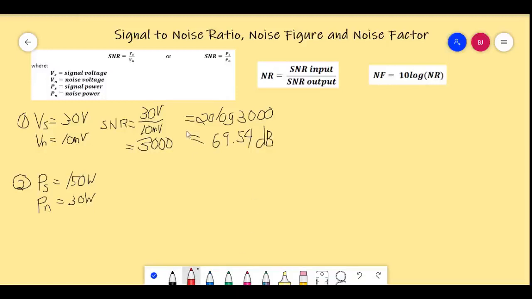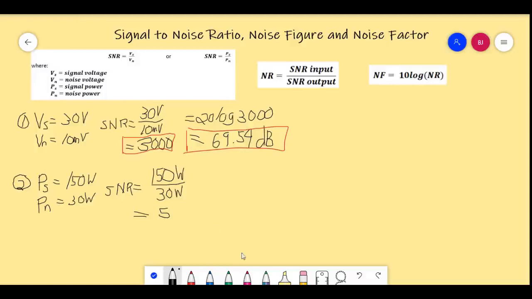Let's now move on to our second example, in which this time around, we have signal power and noise power. So let's try to find it in absolute terms first. So the signal power is 150. And then the one at the bottom is 30 watts. So 150 divided by 30 would be 5.